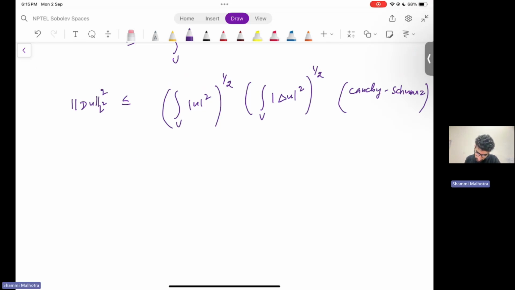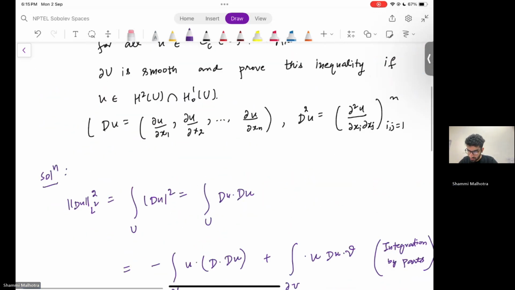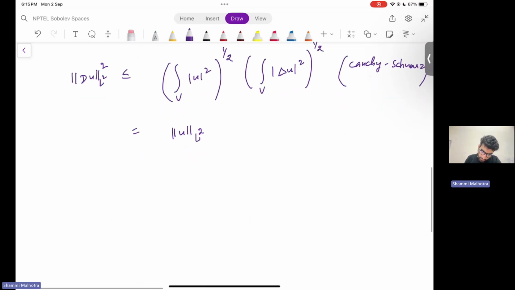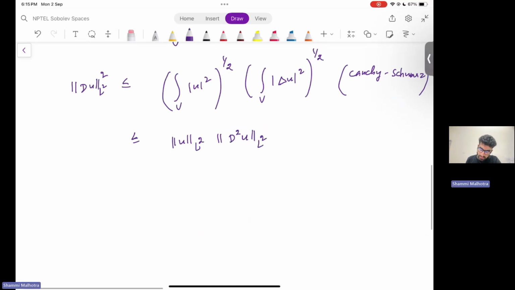So now this is nothing but the L2 norm of u times the L2 norm of the Laplacian, and the Laplacian contains only the diagonal terms of D2u. So this is definitely less than or equal to the L2 norm of D2u.